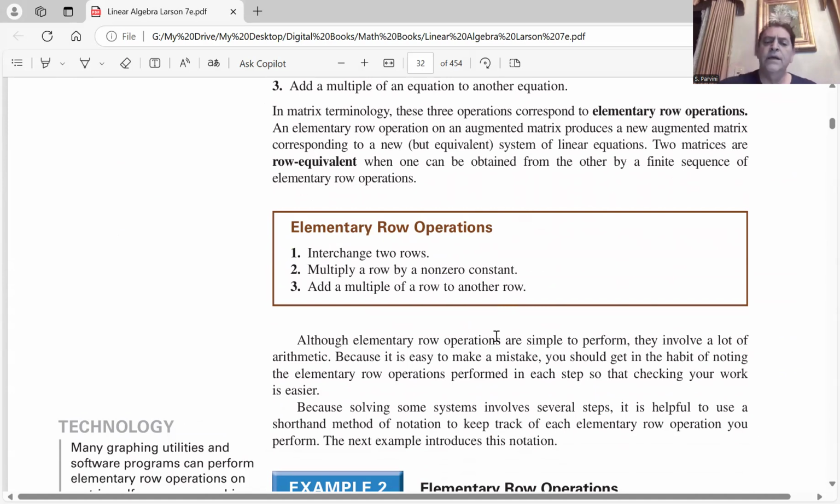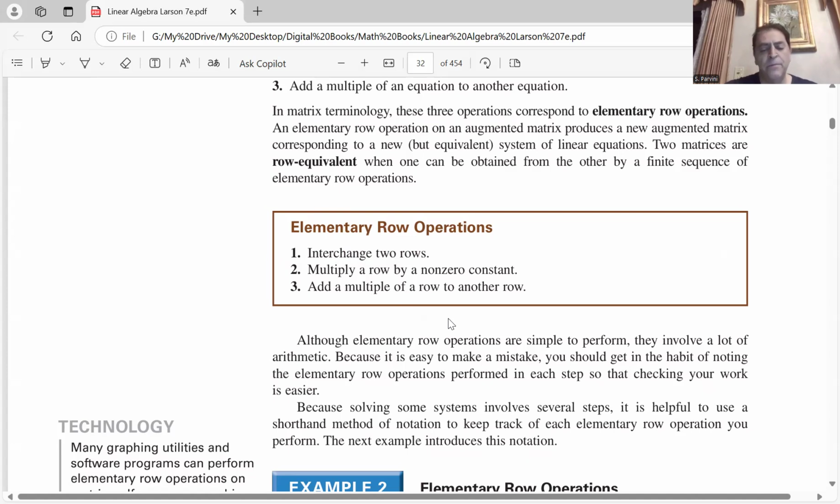The first row operation allows us to exchange, swap, or interchange two rows. Instead of writing equations 1, 2, 3, you can write them as equation 3, 2, 1, or 2, 1, 3.